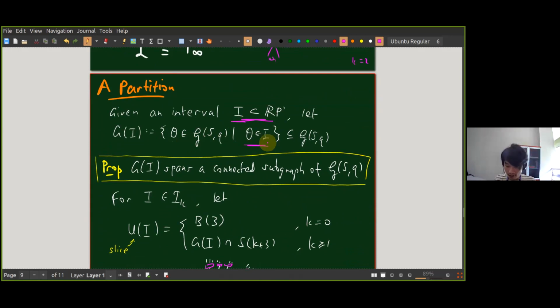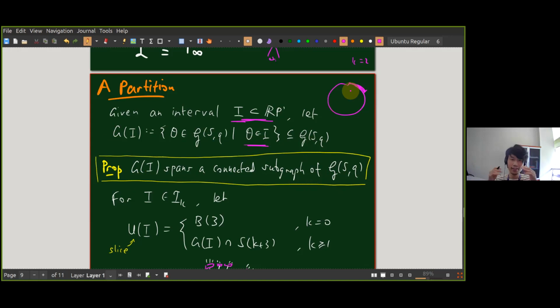So for every such interval, I can define a subset of vertices in the graph of slopes. And we can show that for any such interval, the subgraph spanned by the vertices in that interval is going to be connected. So there's a connected subgraph associated to any such interval.